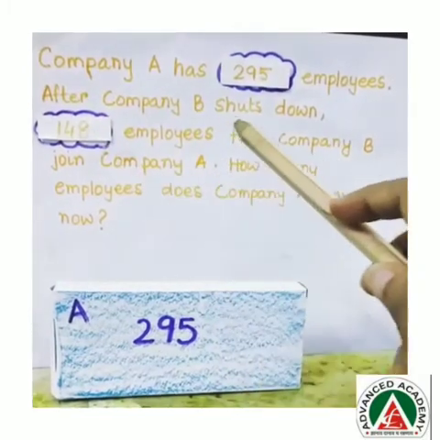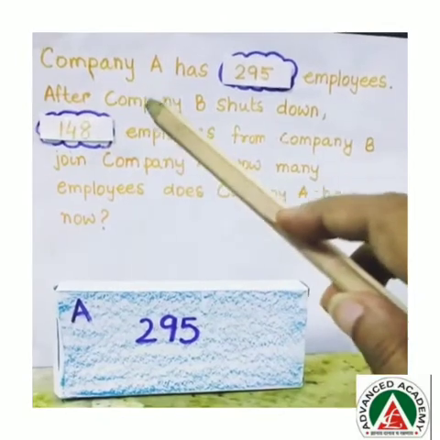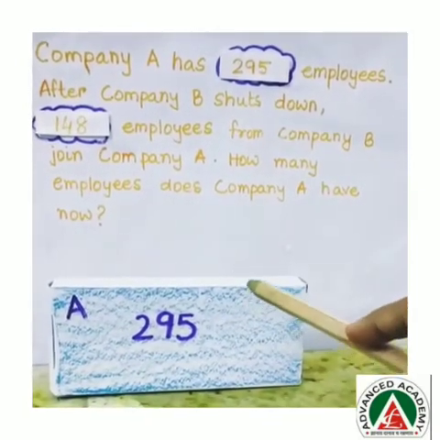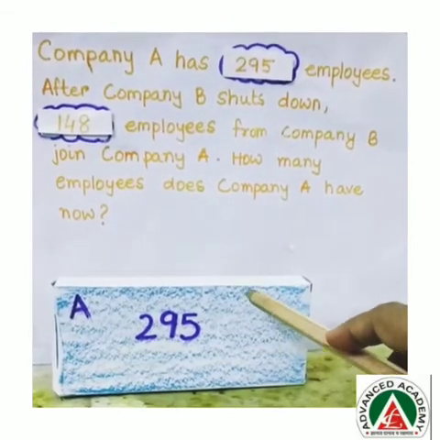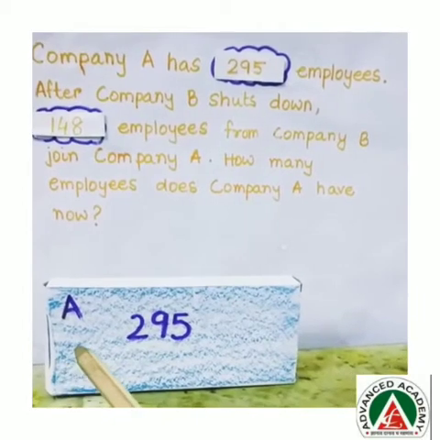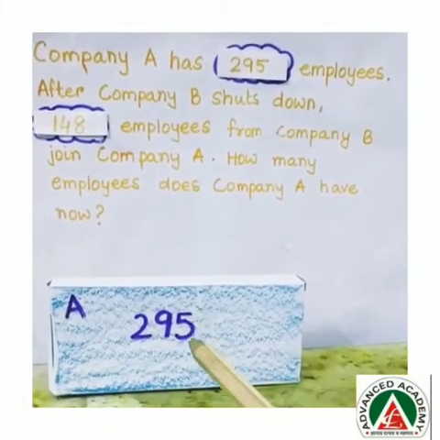Now we can see in our problem sum that Company A has 295 employees. So, with the help of this box or a bar, I have shown Company A has 295 employees.